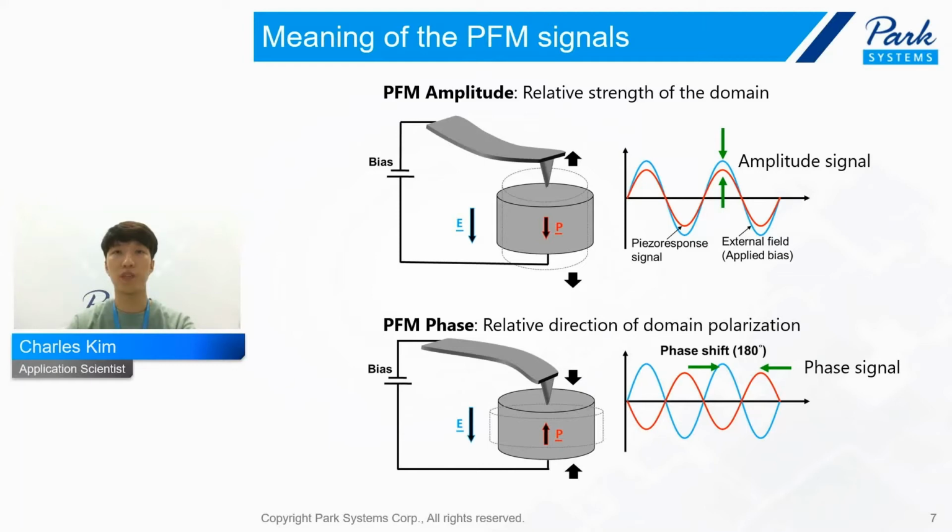For example, if the domain is aligned upside, then at that time we get the same phase between applying and the detector. But in the case of the downside domain, then the phase shift will be 90-degree difference. So the difference will be 180 between the upside and the downside.